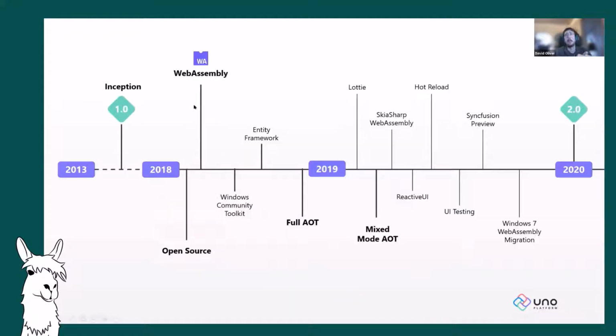So let me give you a quick introduction to Uno and explain where we've come from and where we've come to. Uno started life as an internal framework at Inventive, a mobile agency in Montreal, around about 2013.